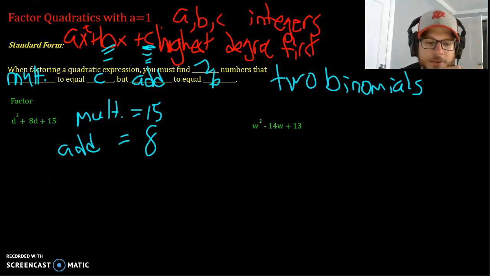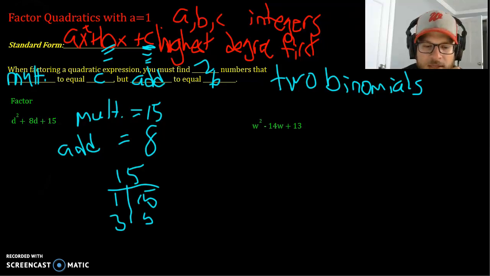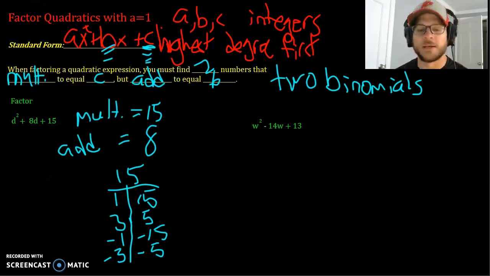All of your factors of 15, if we make a t-chart, are 1 times 15, 3 times 5, -1 times -15, and -3 times -5. Now the positives and negatives will matter depending on what the sign of your actual number is. Remember, in order to get a positive 15, you multiply two positives together or you multiply two negatives together.